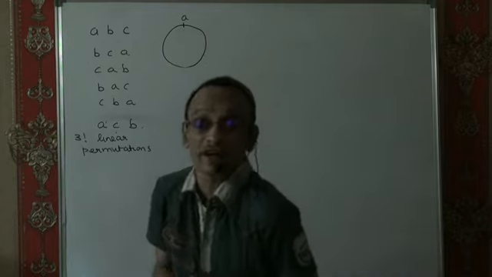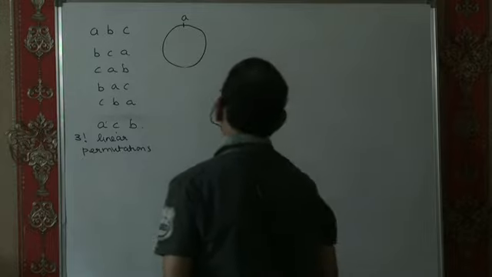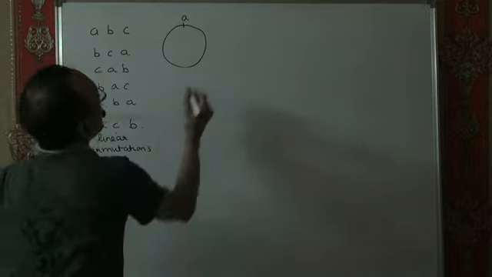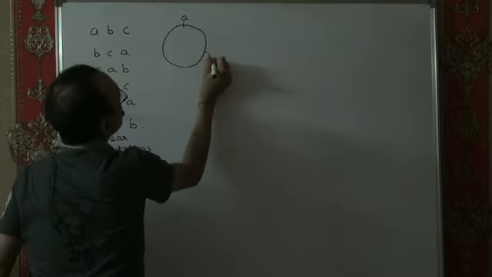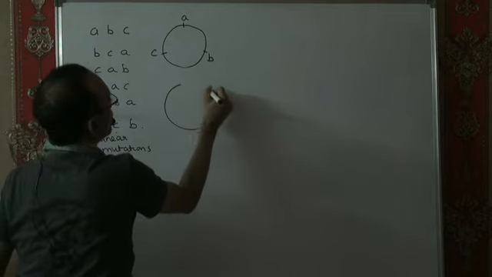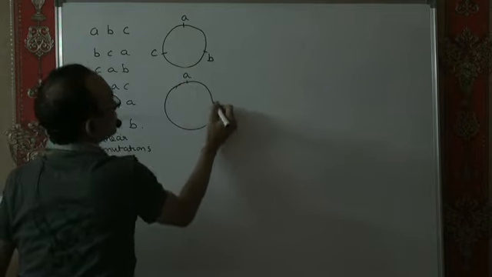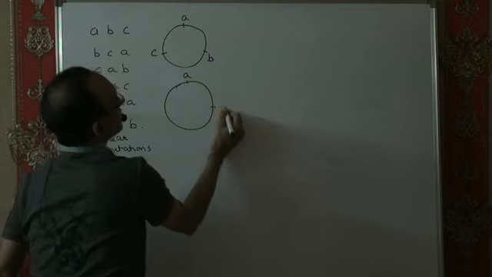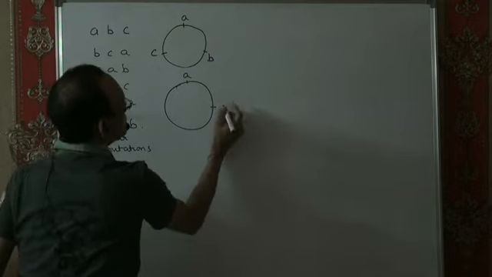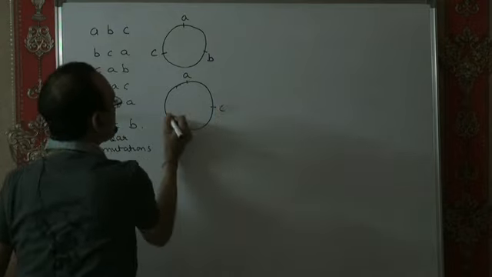So there is only one way I could have placed A. Now, once I fixed A, then relative to A, B and C could have been fixed here, or I could have had relative to A, C and B. That's it. There are only 2 ways, right?